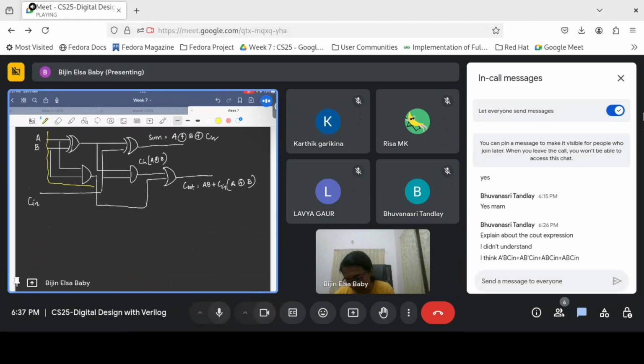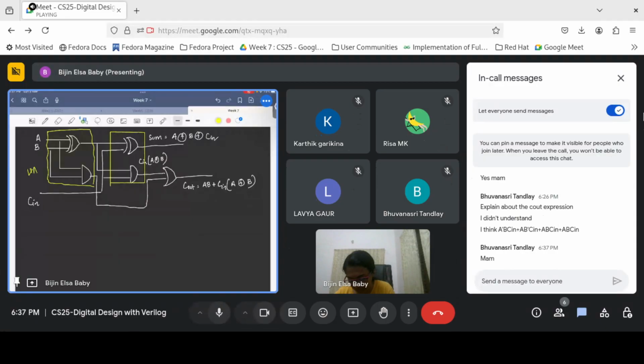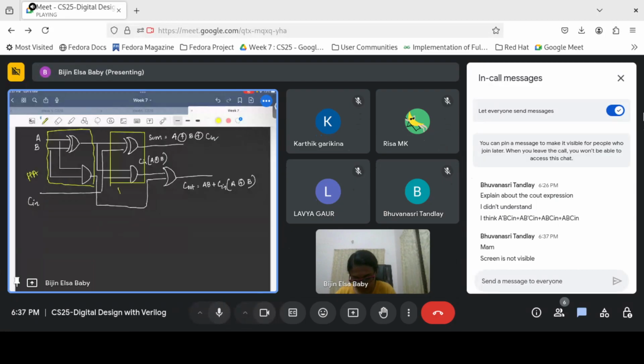This is one half adder, right? And this is another half adder.